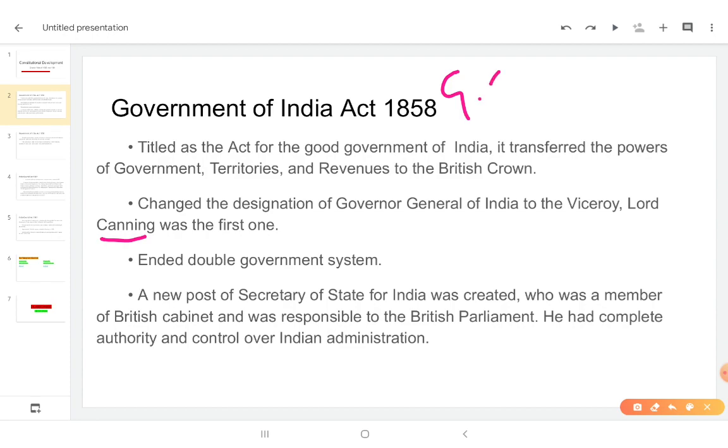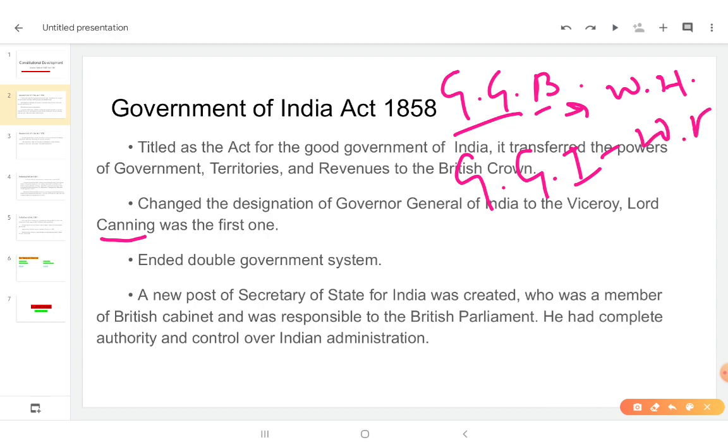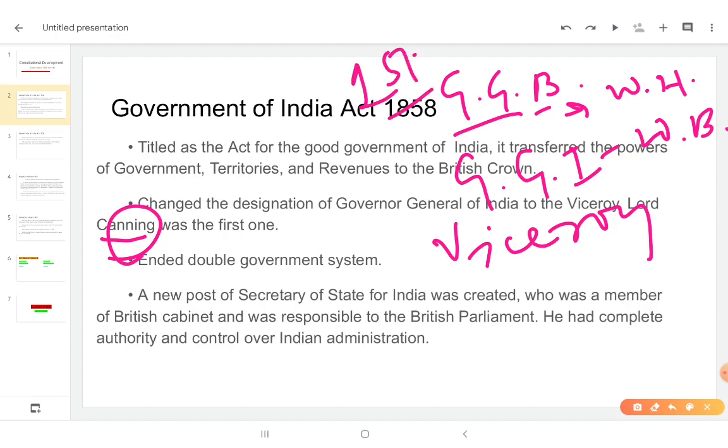The first Governor-General of Bengal was Warren Hastings. Then the first Governor-General of India, William Bentinck, and the first Viceroy, Canning. These three firsts you should know.